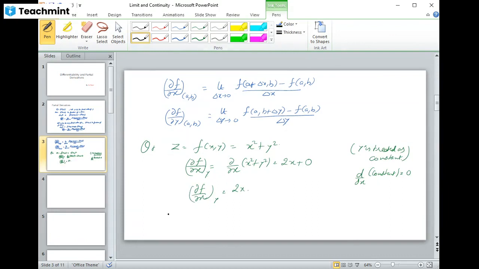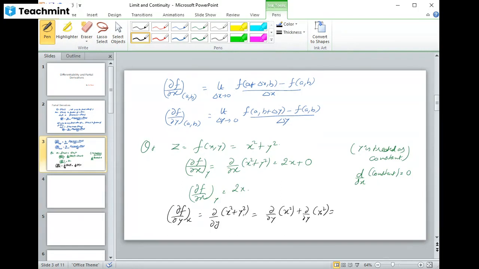Similarly, if we differentiate the function with respect to y, we are treating x as a constant. So what does it mean? Curly by curly y of x square plus y square. So it is curly by curly y of x square plus curly by curly y of y square.